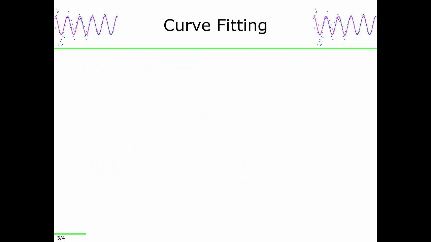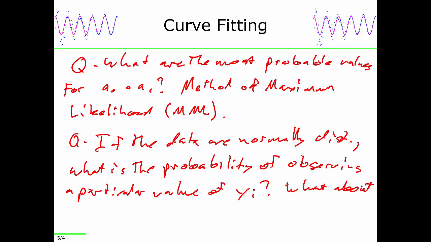And then once we have that for a particular value of y, what is the total probability for observing the collective set of y's? So that's the approach we're going to take.